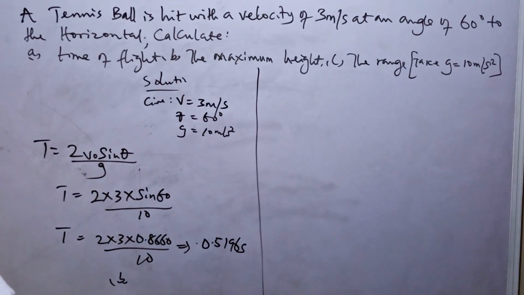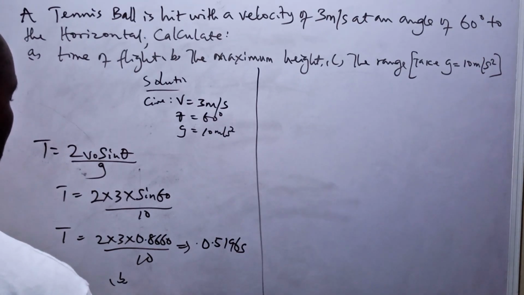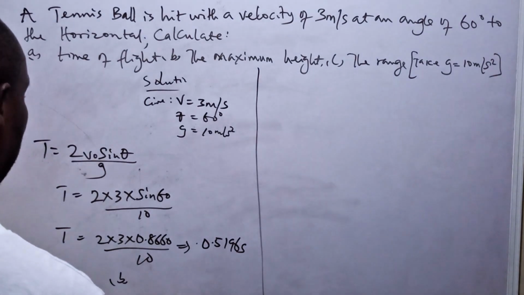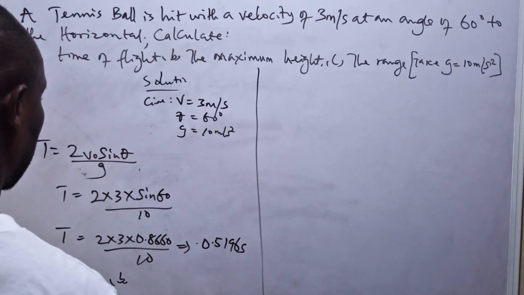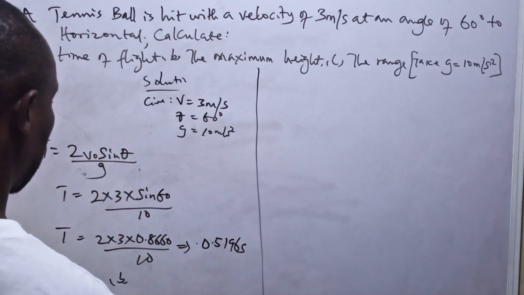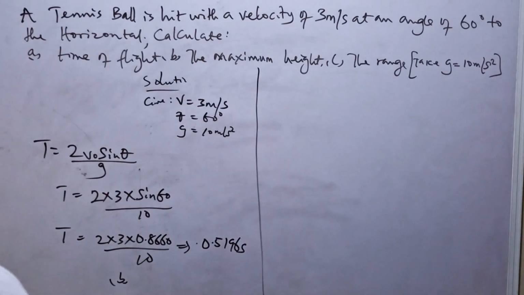If we now substitute values, v naught being 3 squared, times sine 60 squared, over 2 times 10.